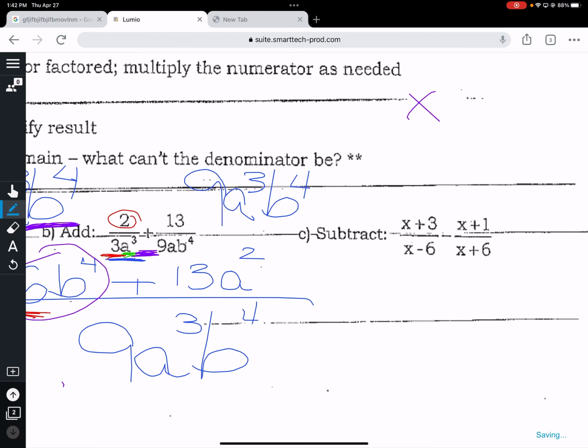If you have an x plus 3 or an x minus 2, the plus and the minus are like they're holding hands. They are connected, so you can't do something to one without doing it to the other. In this first problem, I have x plus 3 over x minus 6. I can't cross out 3 and 6. You cannot simplify them.